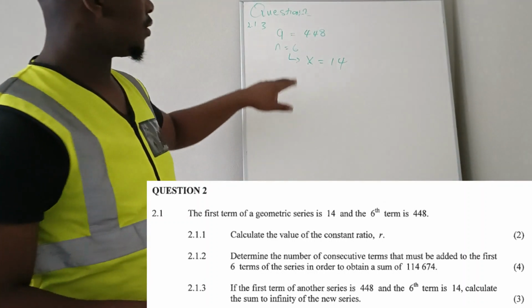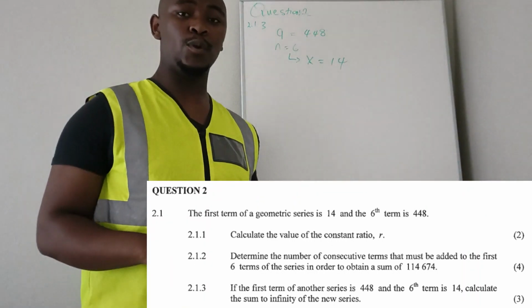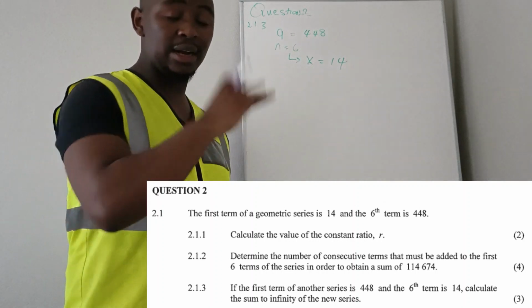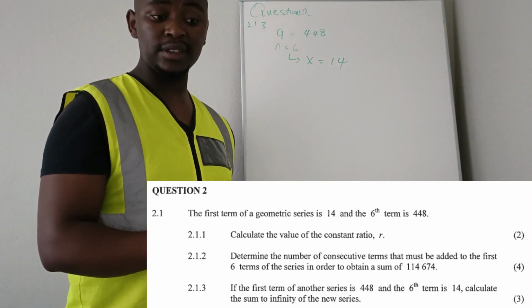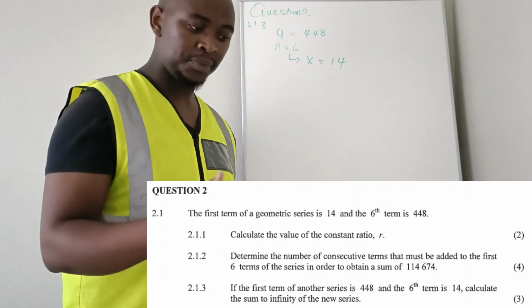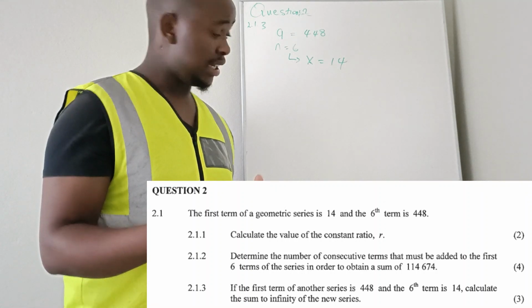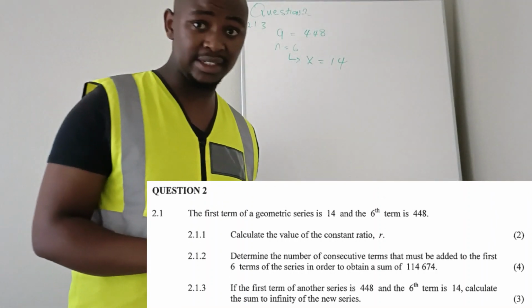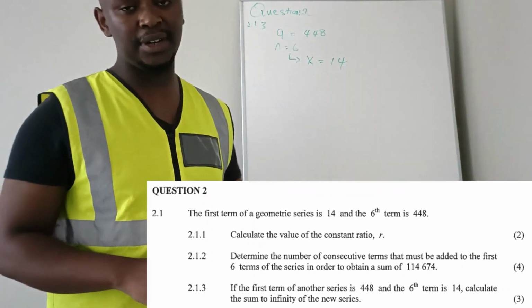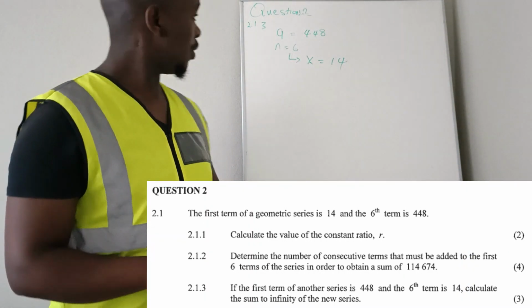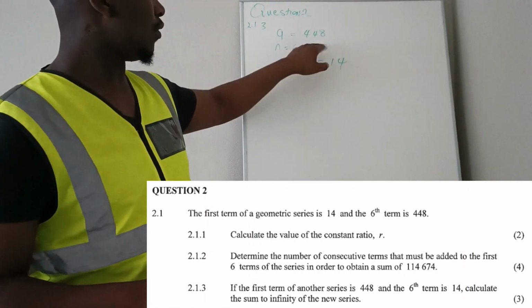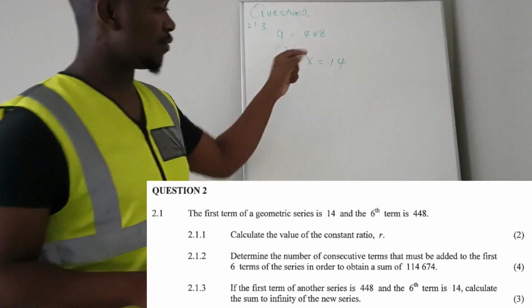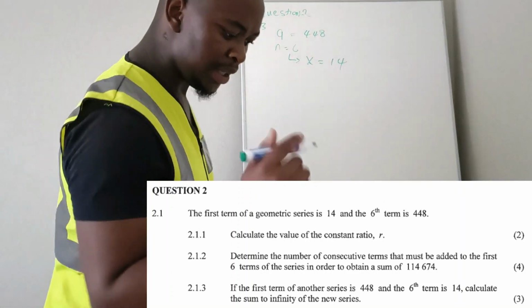Just following up on the previous questions, we are looking here for the sum to infinity. But this is a different geometric series now. We have a value a, 448, and then we have 14 for n equals 6.